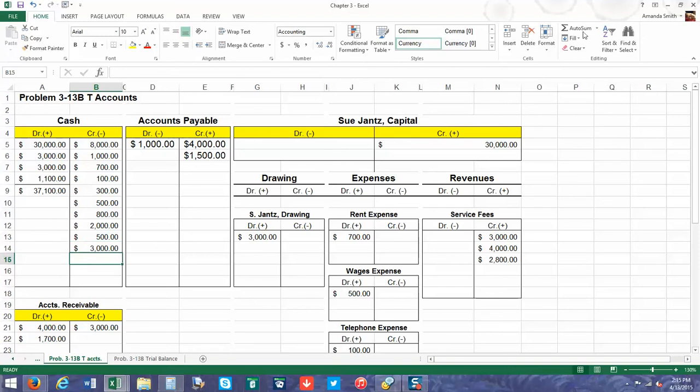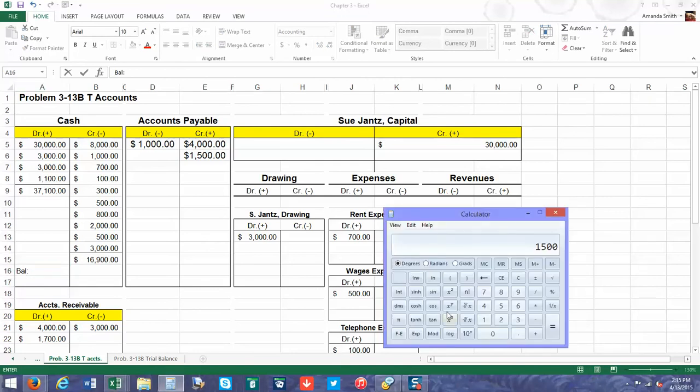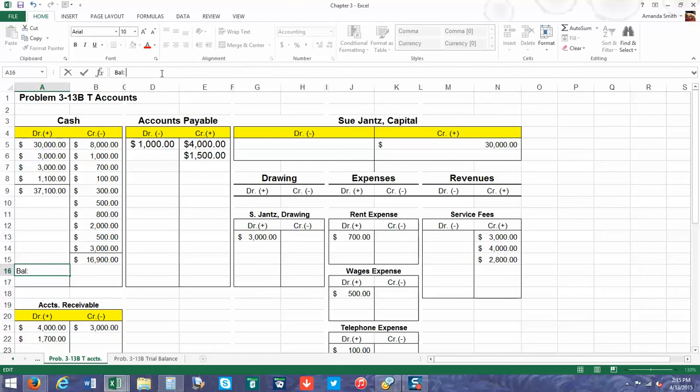Then we have $16,900 going out of the account. And so now we need to figure out the balance. So we're going to take our $37,100 and subtract the $16,900. So that gives us a balance of $20,200 in our cash account.